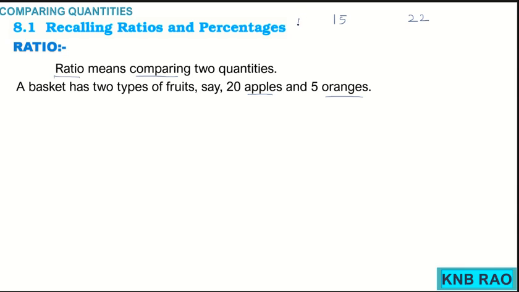If Ramu gets 15 marks and Asif gets 22 marks, we compare. Asif got 7 marks more than Ramu, or we say Ramu got 7 marks less than Asif. This is the comparison by difference.